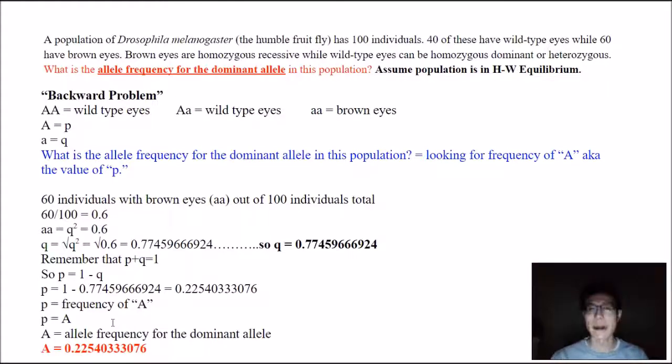So that is how you approach this particular problem. Again, if you got it right, congratulations, good job. If you didn't get it right, it's okay. Go through it and try to solve it yourself.